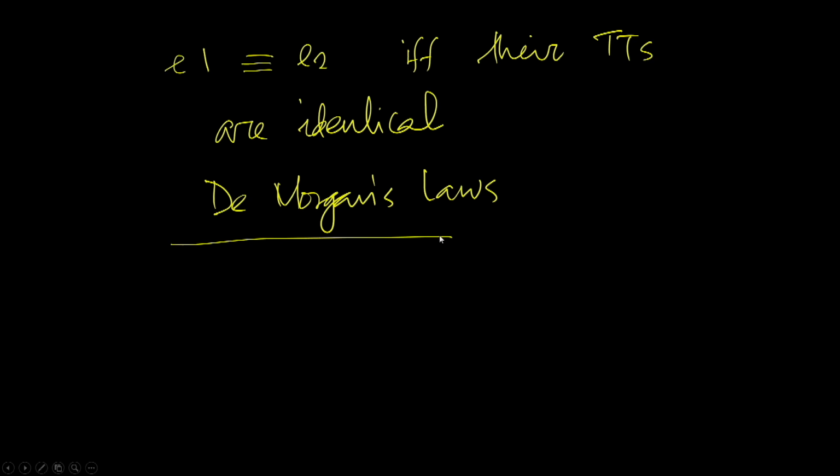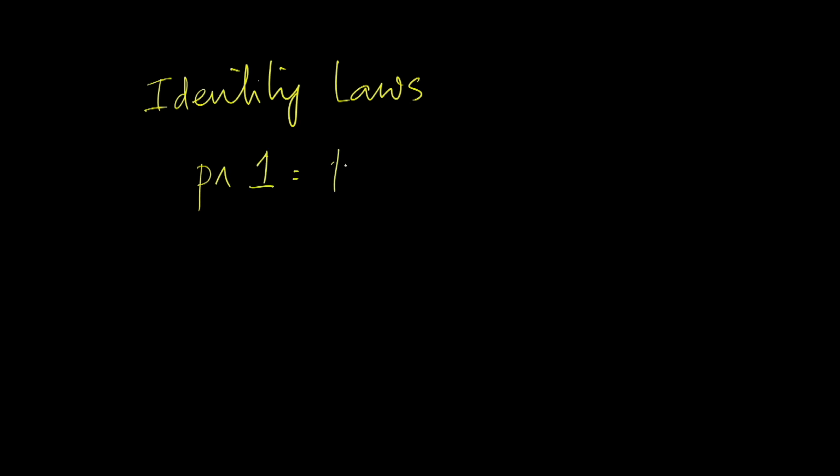Let us see several more equivalences which will be useful for us to prove various statements. One is the identity laws. The identity laws state that P and 1 is equivalent to P, and P or 0 is equivalent to P.